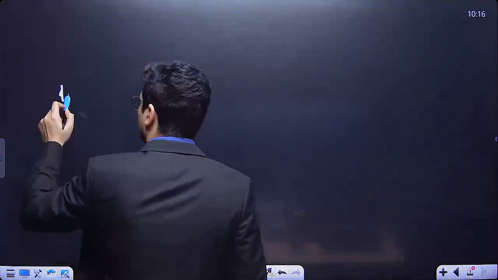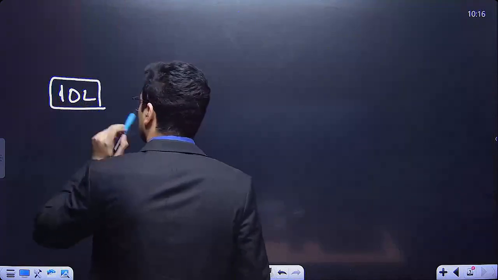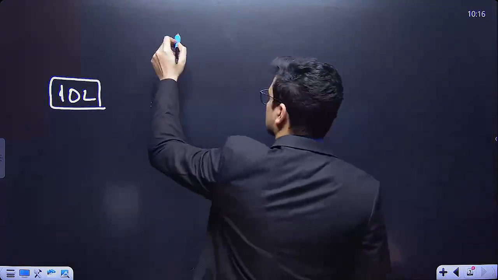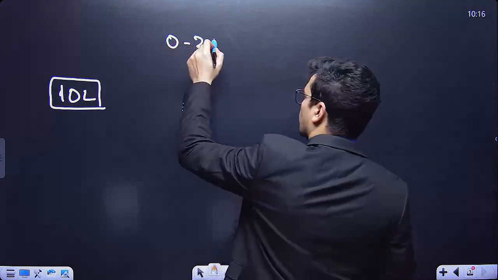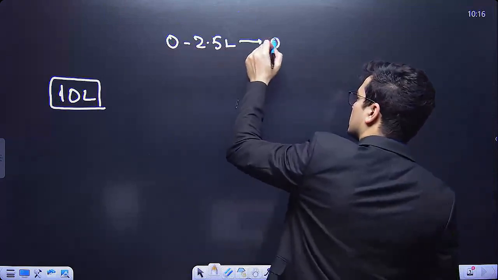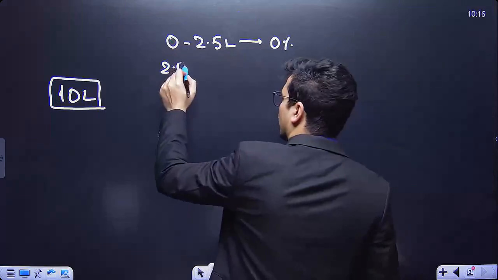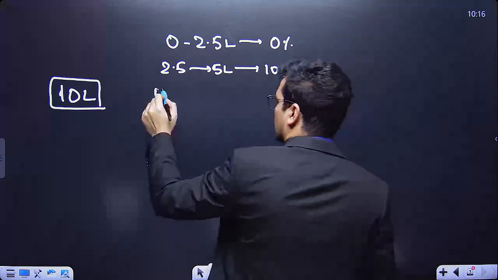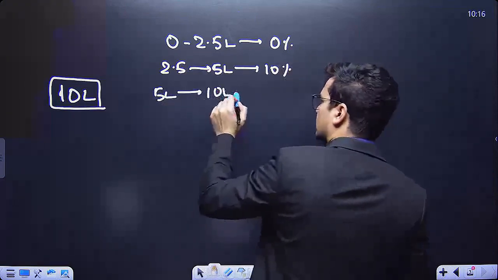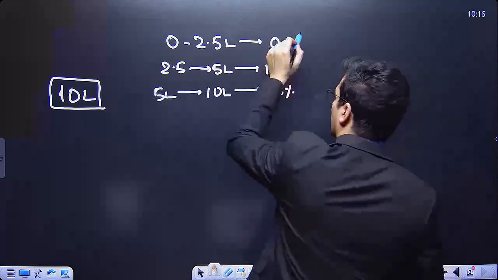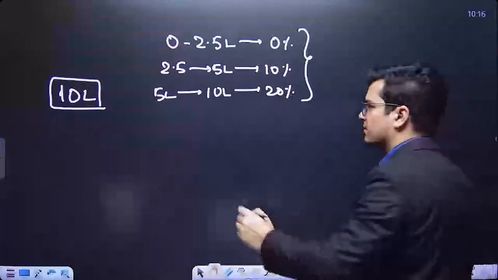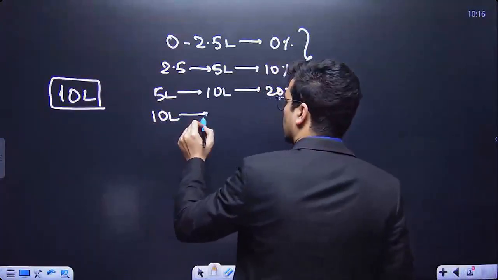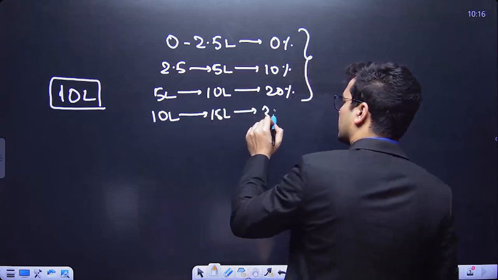Now, let's say somebody's income for the year is 10 lakh rupees and the taxation system is like this: 0 to 2.5 lakh, 0% tax; 2.5 to 5 lakhs, 10% tax; 5 lakhs to 10 lakhs, 20% tax; 10 lakh to 15 lakhs, 30% tax.